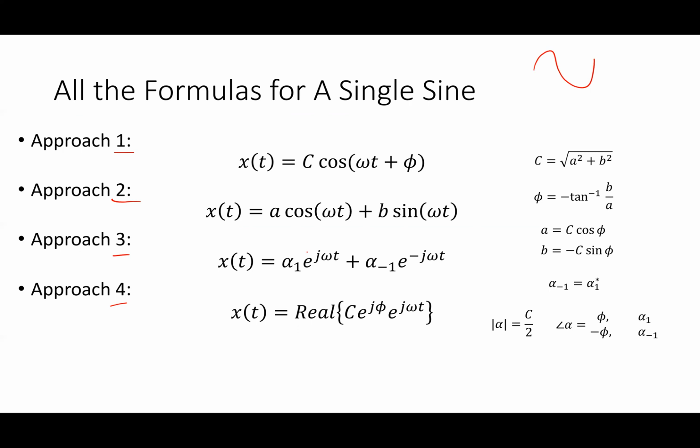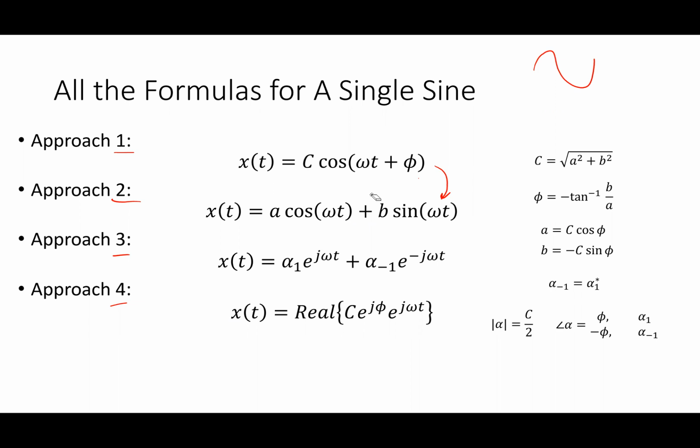This first one is the most common, what you say in circuits. If I put a sine wave input into a circuit, I get a sine wave output that has a phase shift and an amplitude. This can be written as the sum of a cosine and a sine. Now notice there's no phase shift here. It's just the sum of a cosine and a sine at the same frequency.